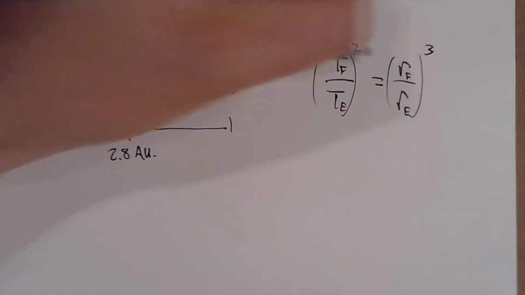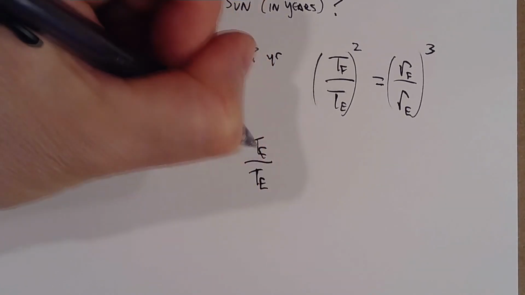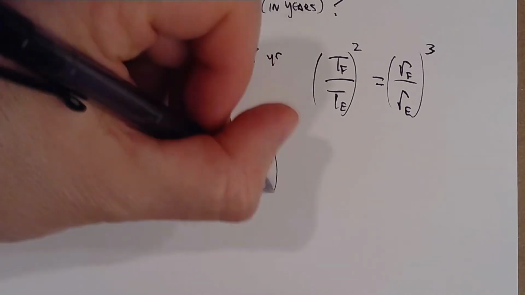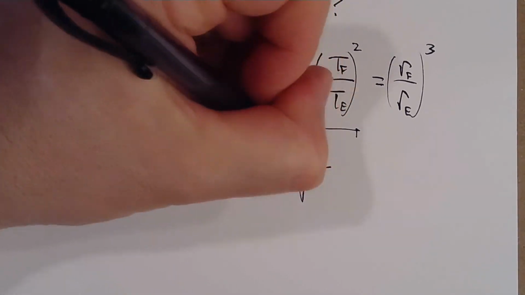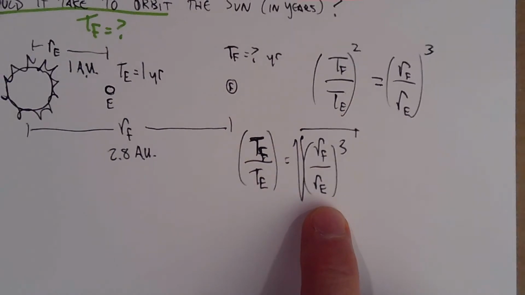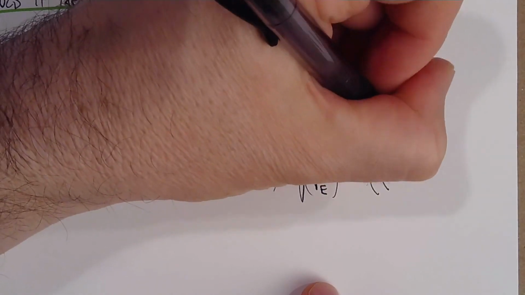So I'm going to take T_F over T_E. Make sure that looks like an F there. Take the square root of this side then, R_F over R_E. Taking a square root is the same as taking something to the 1/2 power.